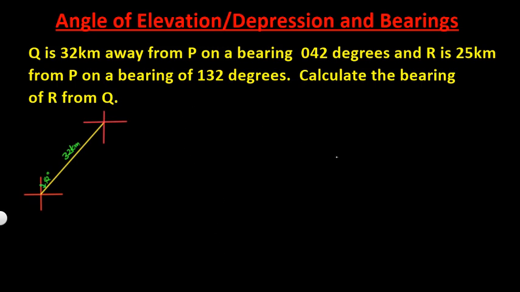Alright. You can label this P. This is Q. Now, R is 25 kilometers from P on a bearing of 132 degrees. So on a bearing of 132 degrees, if we look at this, 90, so 132 is probably somewhere here on that bearing, and it is 25 kilometers.